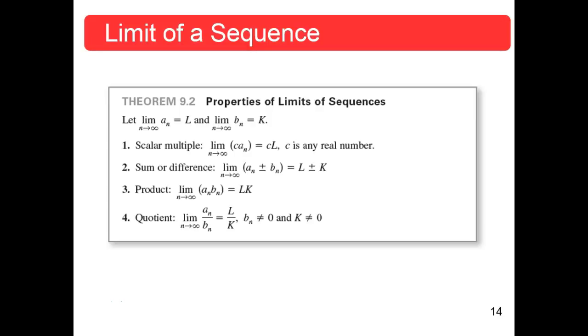The limit as n approaches infinity of a sub n divided by b sub n. So the limit of the quotient of two sequences is the quotient of the limits, as long as the denominator, the one on the bottom, is not equal to 0, and K is not equal to 0. Otherwise, it makes no sense.